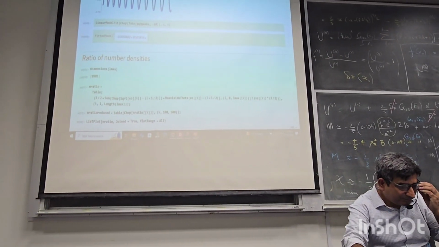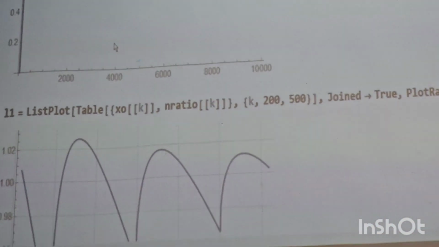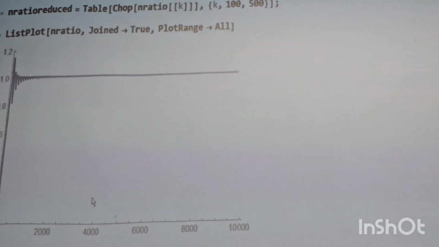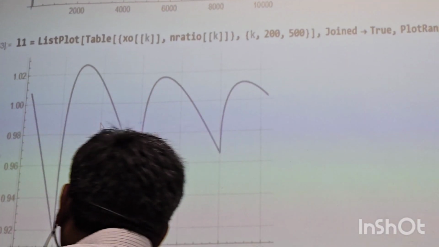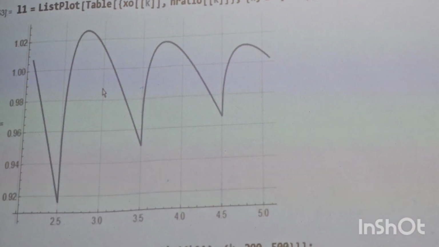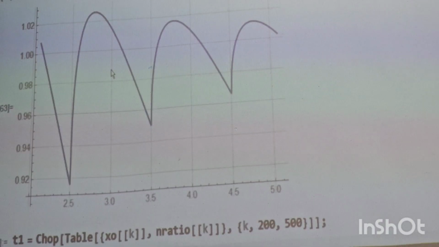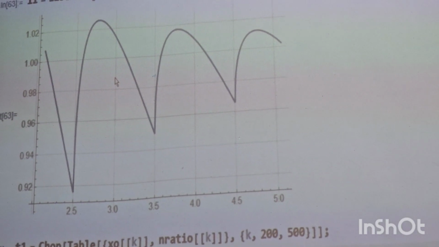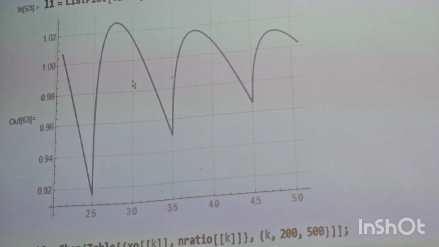So if I plot this ratio, this is what it really looks like. Here, that's zoomed in on a small region. Now this is a beautiful curve. This is x naught, the Fermi energy, and this is the ratio n over n naught. N in the presence of a magnetic field, n naught in the absence of a magnetic field, where n is the number of electrons that go up till the unperturbed Fermi level.